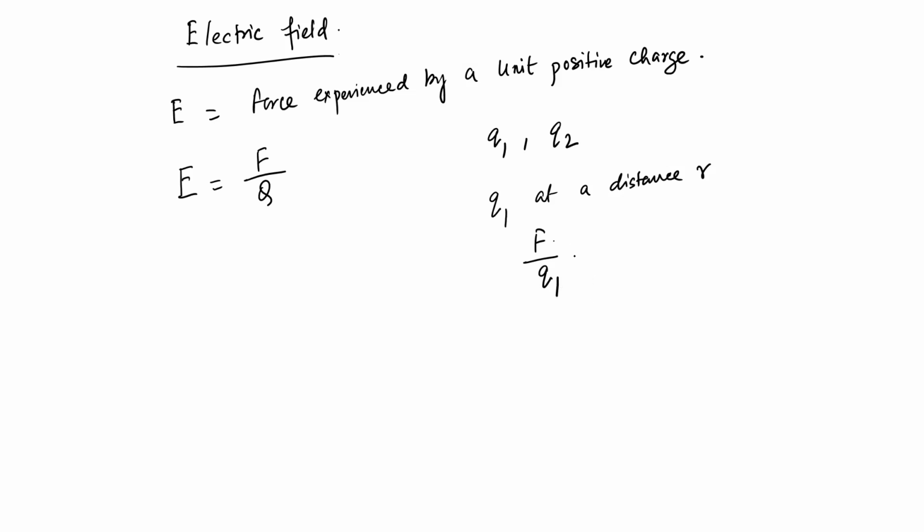That will give you the electric field that exists at a distance r where q2 is located. So, that is the electric field that q2 is going to feel due to q1 being present at a distance r. Okay. So, that is what is shown.